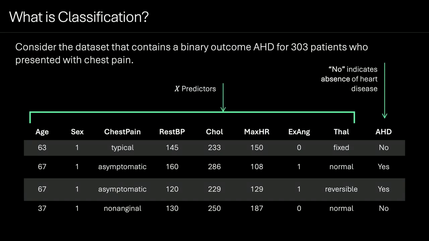The labels are: yes, the patient has heart disease; no, they don't. It's important to note that these aren't numbers, but we later convert them into zeros and ones so we can work with them mathematically. Logistic regression learns to assign a probability to each input. How likely is it that the output is 1?